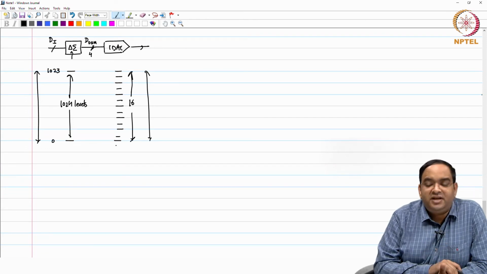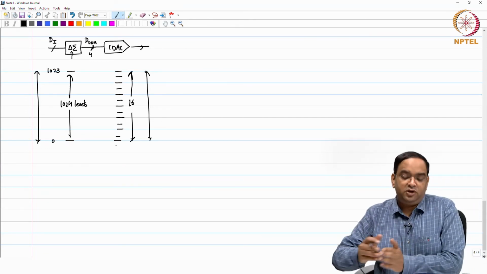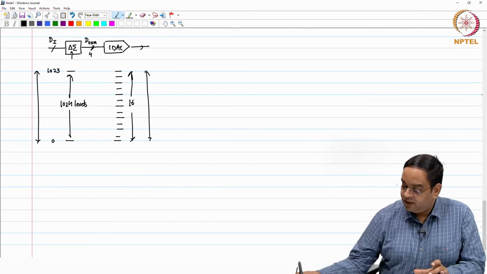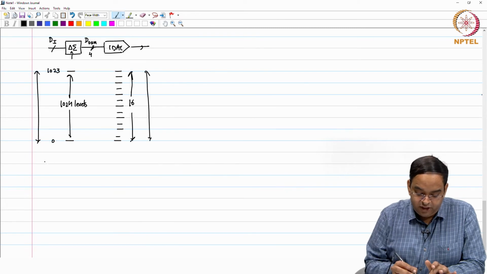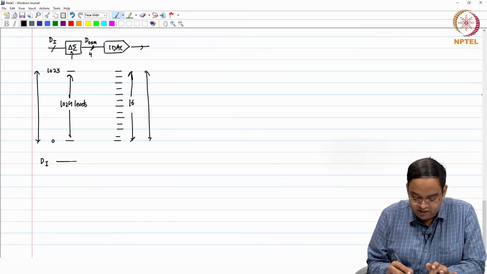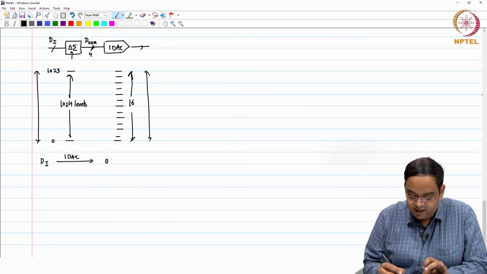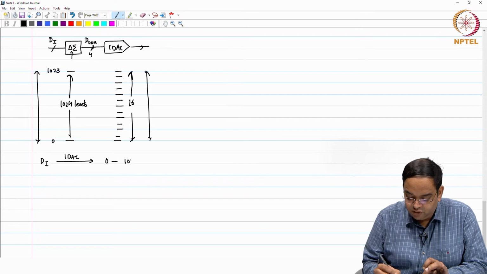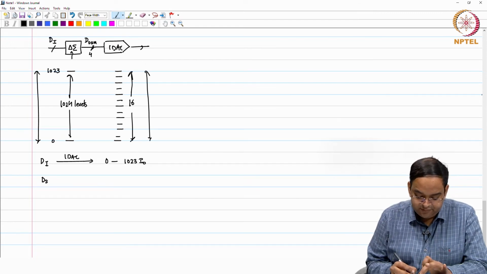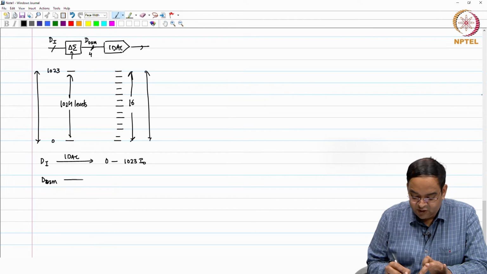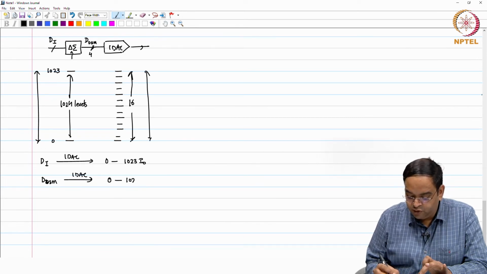It is effectively saying I want to match the total current. So, for example, if this DI digital control going through an ordinary DAC would have given me a current range of 1023 times I naught, then DSM going through an ordinary DAC should also give me 1023 times I naught.